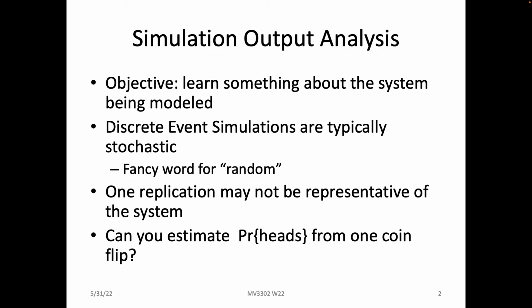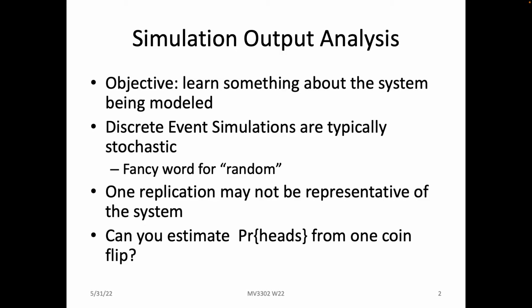Now, as I said, the application of a discrete event simulation is typically in a stochastic setting, which is a fancy word for random. I just like saying stochastic because it's cooler than random. And as I've talked about a number of times before, we've been running our models once, and that's not something you can really take to the bank, because it's akin to flipping a coin once and trying to estimate the probability of heads.